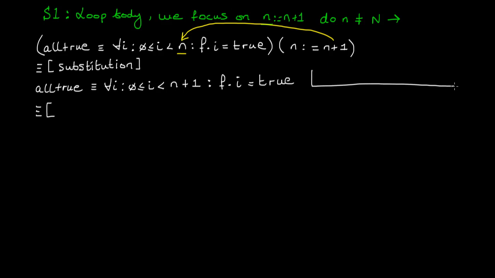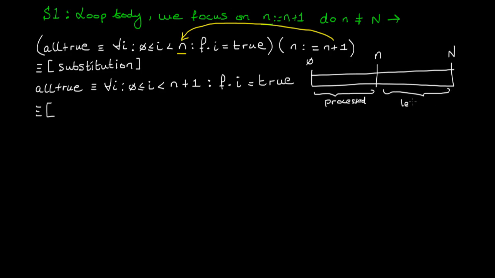If we have a look at our array that we're processing and take a snapshot in the middle of processing, n will be here, 0 is there, large N is up there, and this section is processed. And this section is what we've got left to process.